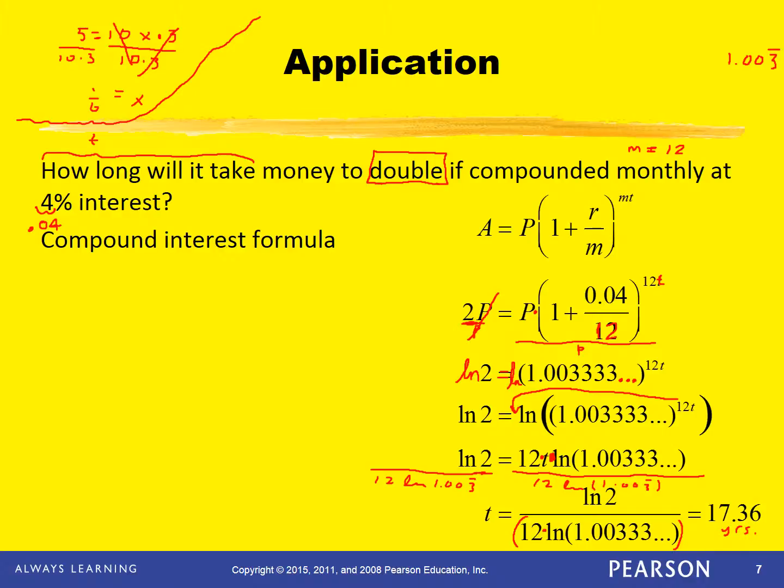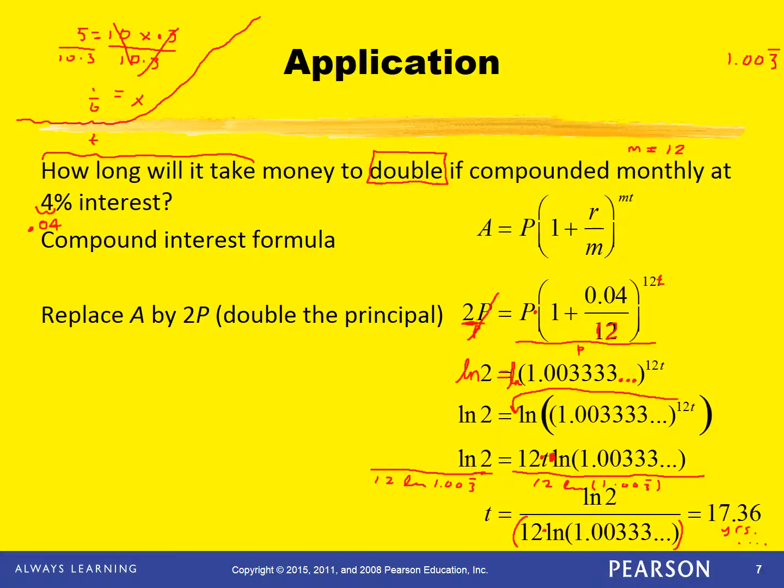17.36 years is the amount of time it will take money to double if invested at 4% compounded monthly. So the strategy, you had to start it the right way.